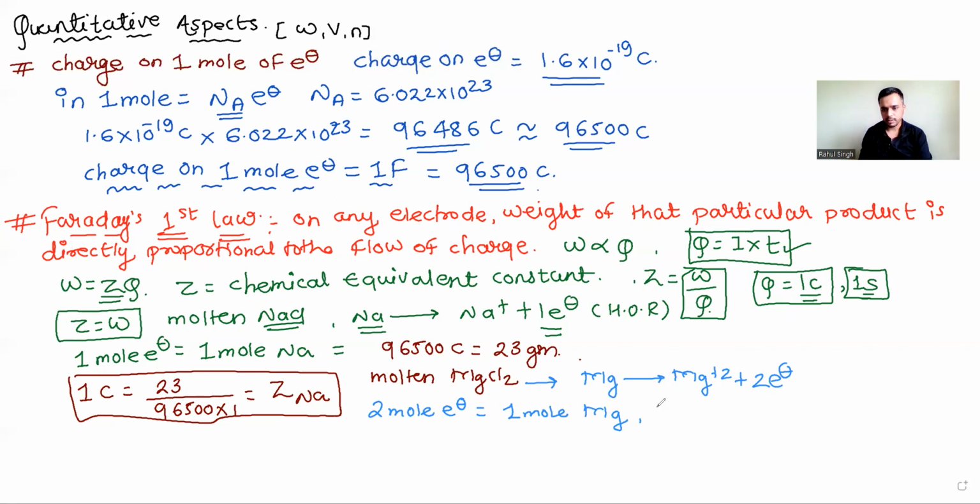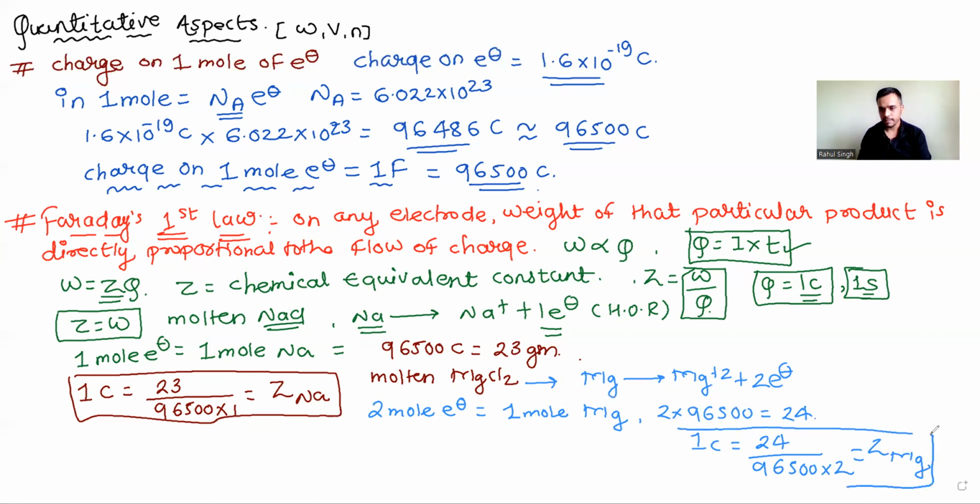We have the values 2 into 96500 equal to 1 mole Mg, whose weight is 24. So for 1 coulomb, it will be 24 divided by 96500 into 2. This is the value of Z of Mg, the chemical equivalent of magnesium.